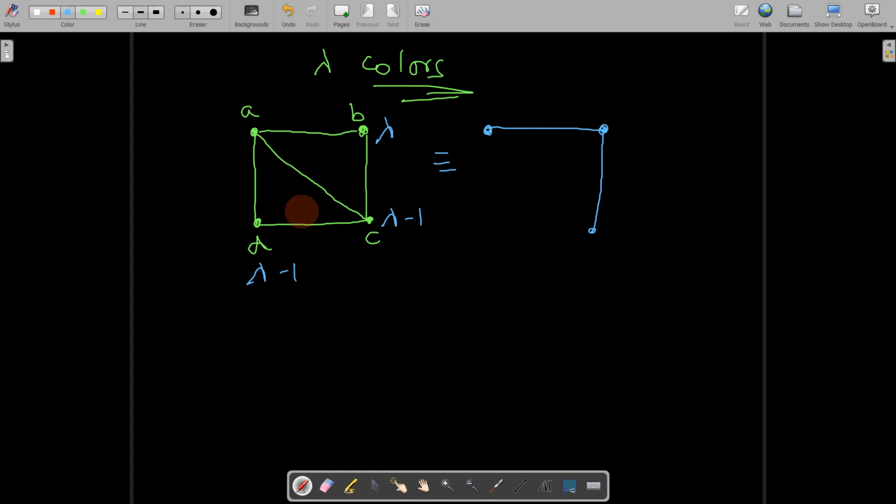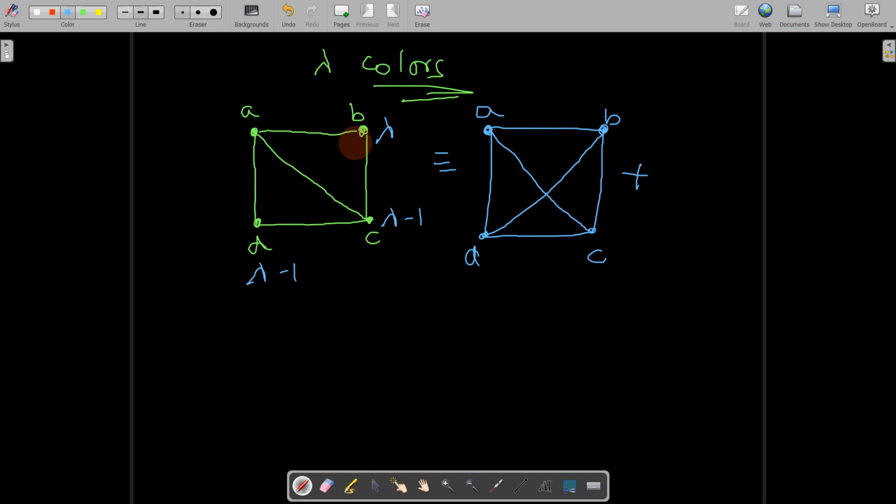Then we can join B and D by an edge, and they will still be assigned different colors because we are seeing proper colorings, where adjacent vertices cannot have the same color. So this case becomes the same as the number of ways you can color this graph.